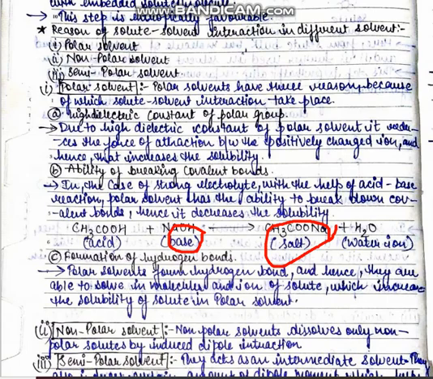Third is formation of hydrogen bond. Polar solvents form hydrogen bonds and hence they are able to solvate molecules and ions of the solute, which increases the solubility of solute in that polar solvent. Second is non-polar solvent. Non-polar solvent dissolves only non-polar solute by induced dipole interaction.